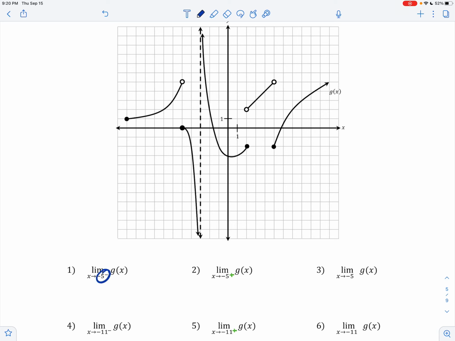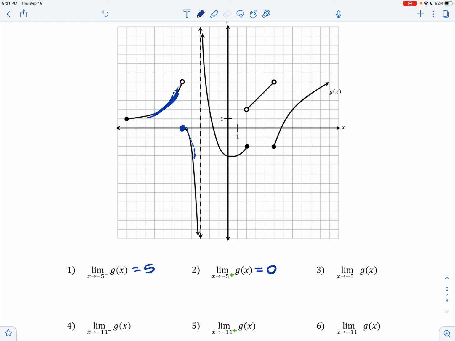Approaching -5 from the left side, that's this side of -5. We're getting closer and closer to a value of 5. Approaching 5 from the right side, that's over here. And we're getting closer and closer to a y value of 0.